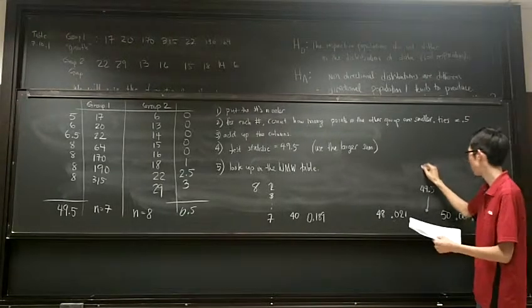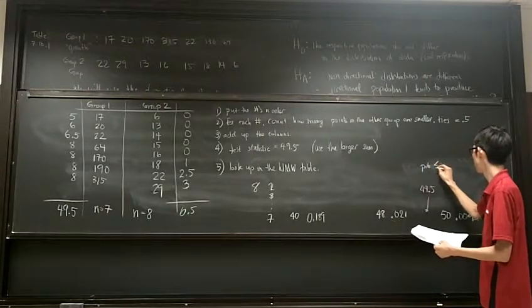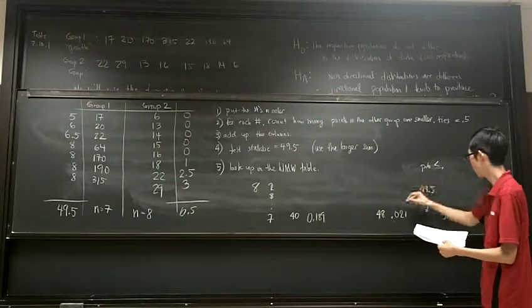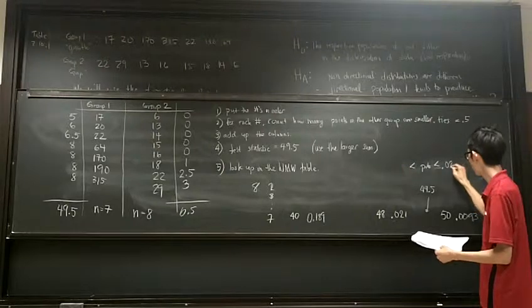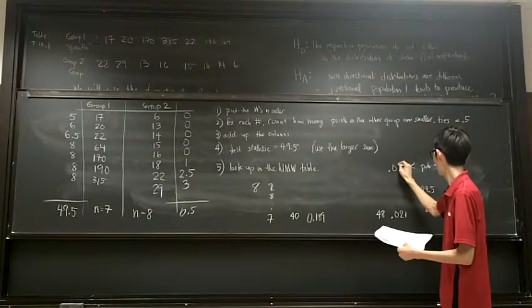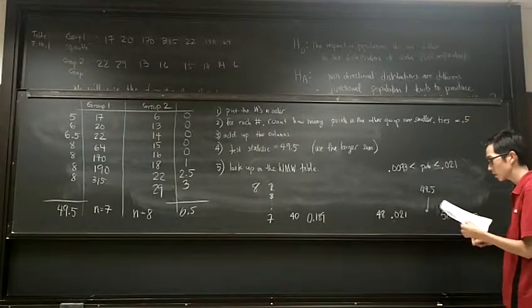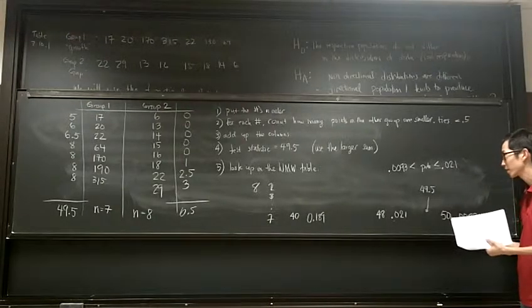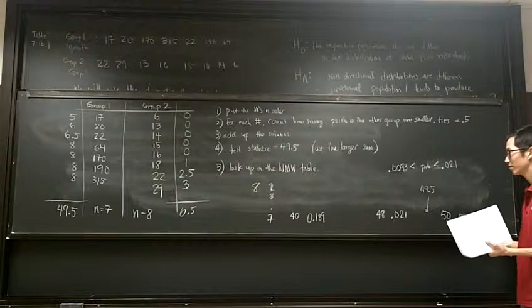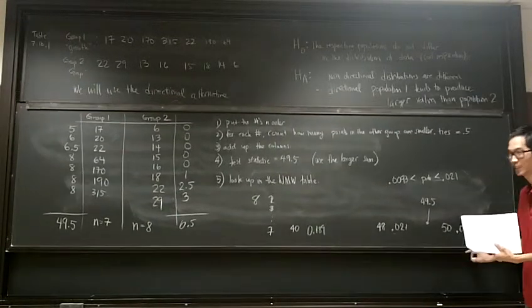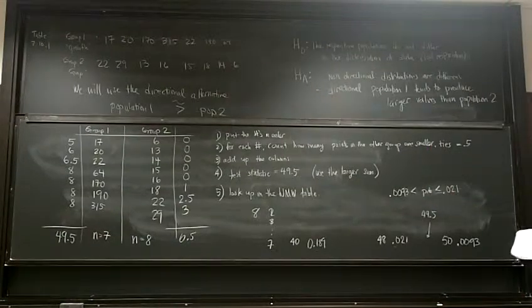So the probability is less than 0.021, but more than 0.0093. Okay, now here's the weird thing that throws people off, not that this test wasn't weird enough already.